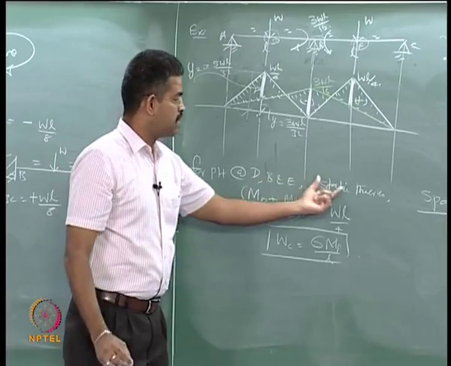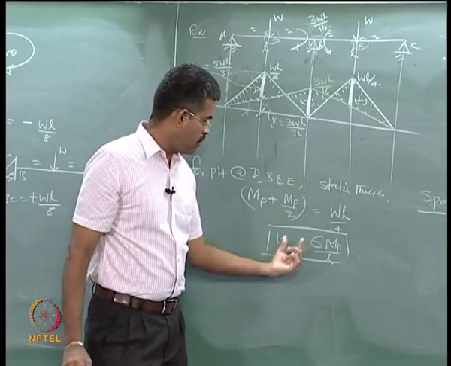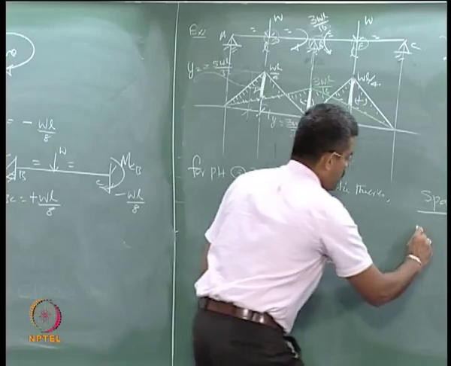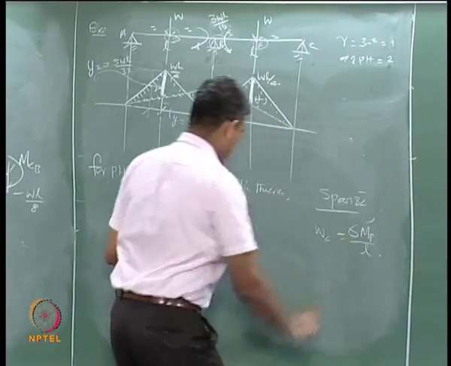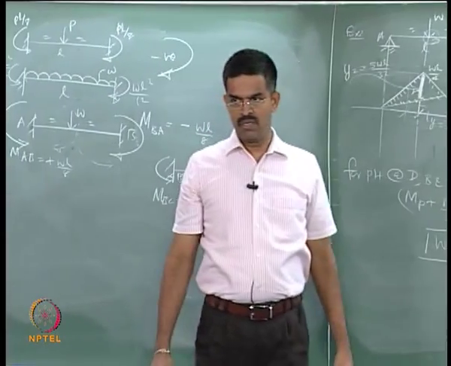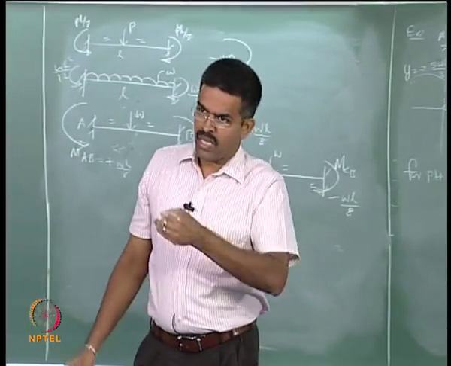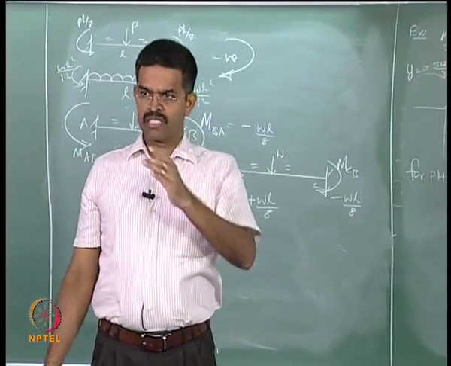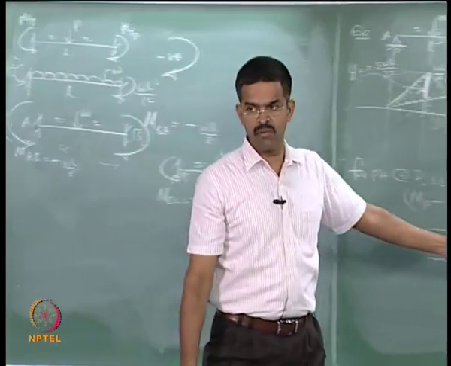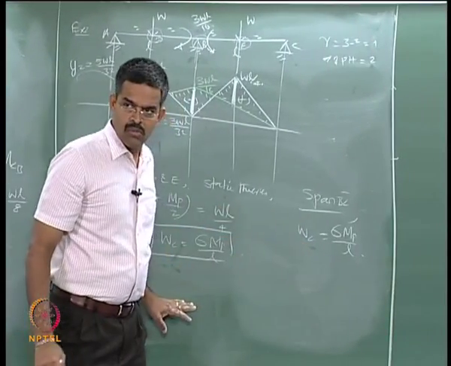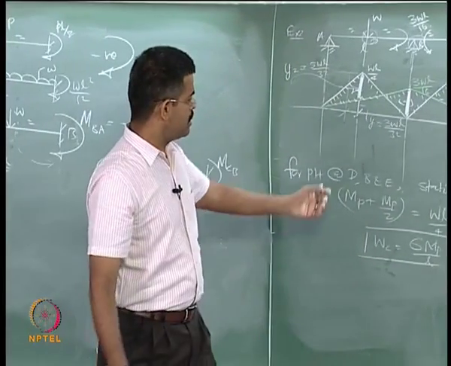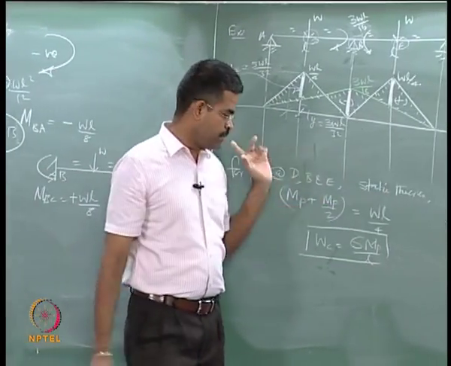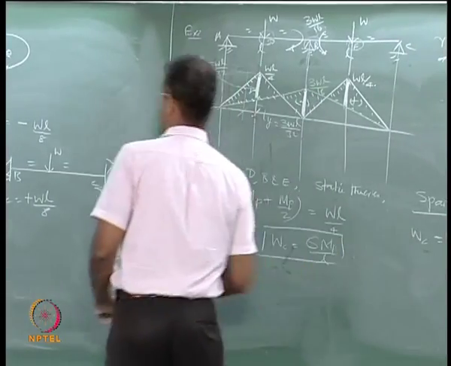Why? This is by the static theorem. Static theorem will give you WC, this WC is also 6 MP by L. So the static theorem will give you WCs which are either lower than the true collapse load or at most equal. So look at the maximum. I compare these two, both of them are equal, so WC is actually 6 MP by L. This is by the static theorem. Let me do this problem by the kinematic theorem.